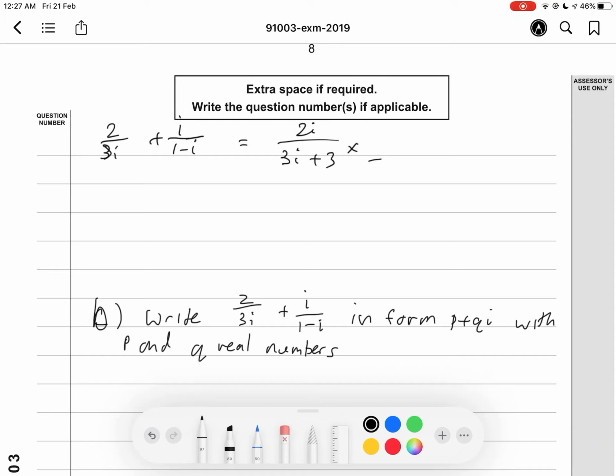Remember to always change the sign of the imaginary term. So 3i plus 3, negative 3i plus 3. This equals 9 plus 9, and the numerator will be 2i times negative 3i, which is positive 6 plus 6i.